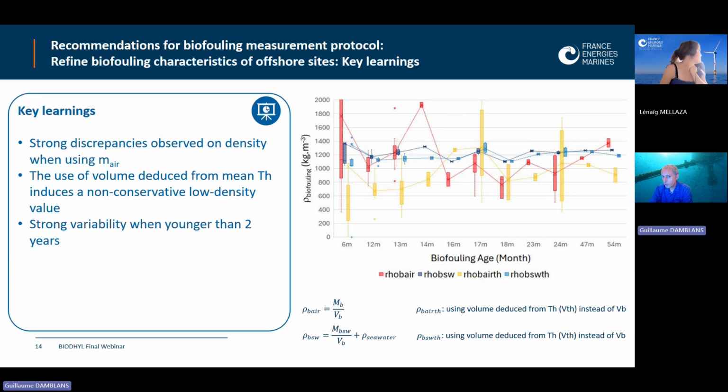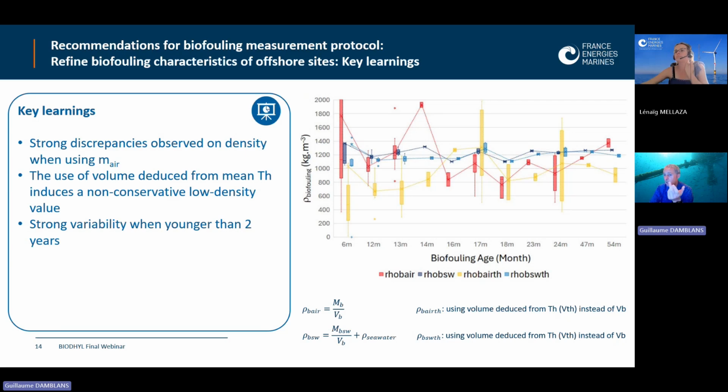When we use the mass in air, so the red curves and yellow curves, you can see also that the discrepancy is significantly higher. This is related to what had just been mentioned before, the fact that in air, the species release a mandatory amount of water, and there are a lot of discrepancies between the different measurements, different samples.